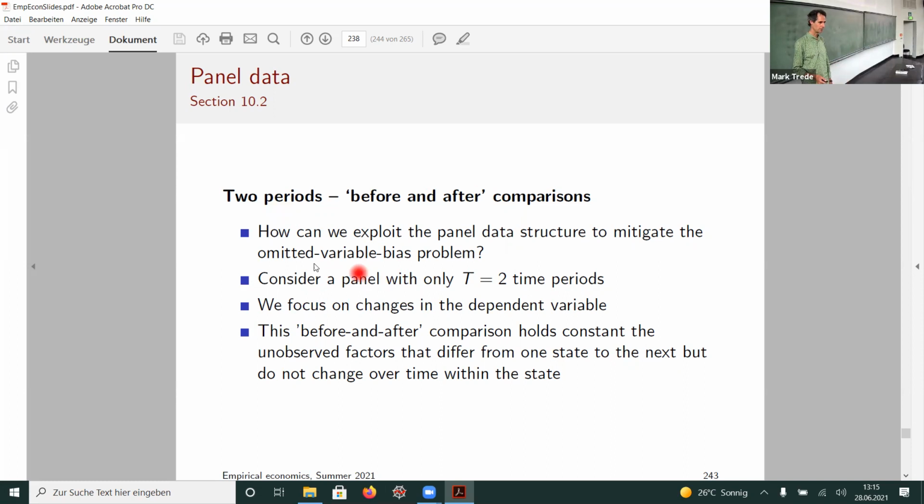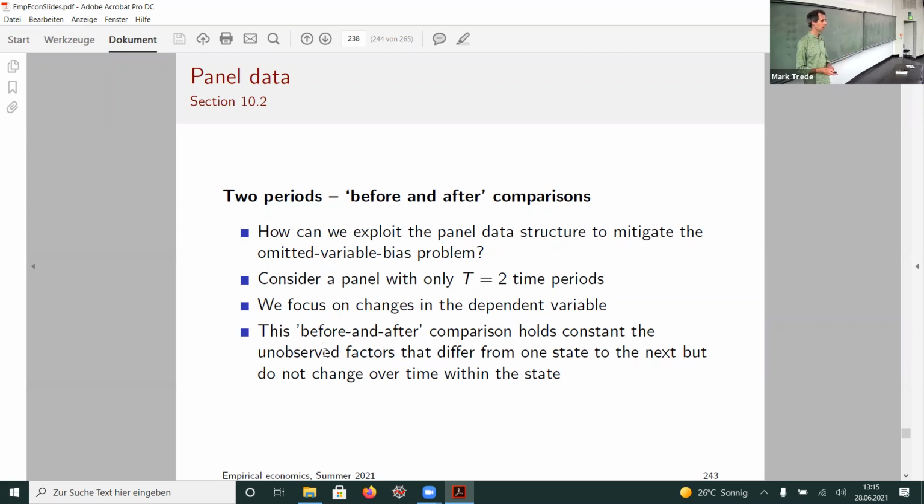And we only look at two periods to start with. And what we are going to do is we will focus on the change in the dependent variable and compare that to the change in the regressor. Okay? All right, and then we look at the before and after comparison of the two values.